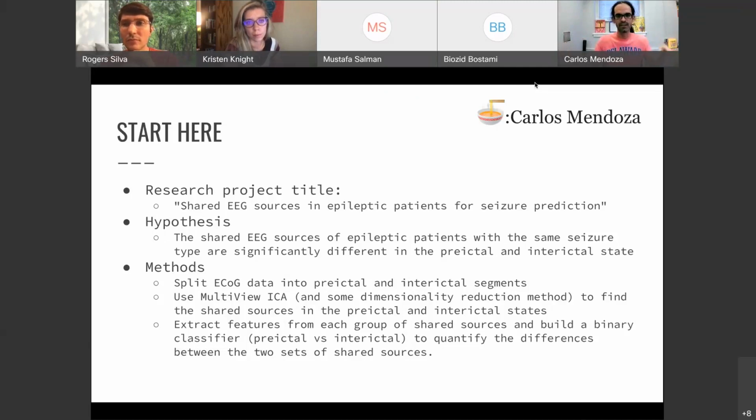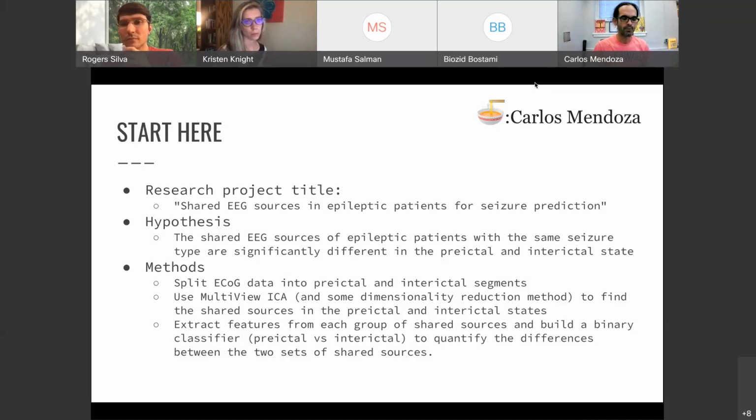That's the baseline, what you would call normal activity, right? And the idea is that if you are able to discriminate between those two types of segments, you will have a good basis to build an algorithm for seizure prediction.